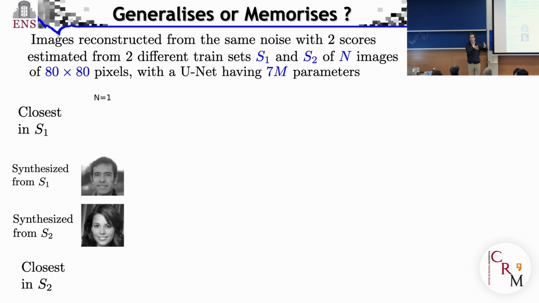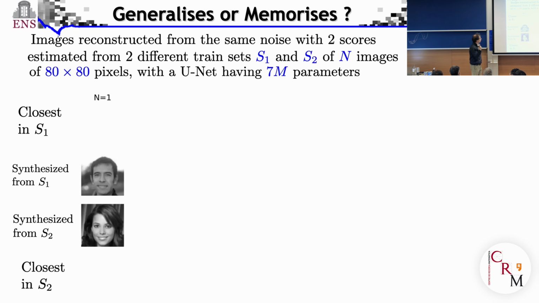One set of images you are going to use to train a first neural network, and the other set of images you are going to use to train a second neural network. And then these two neural networks have seen very different images. Then you use both neural networks to sample your probability distribution. To do that, you begin from the same noise image, then you run your SDE with the same noise each time, but the drift is computed with one neural network or the other.